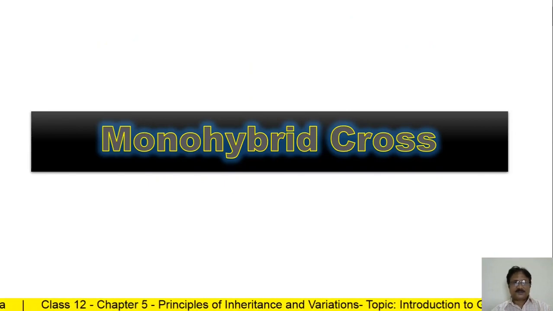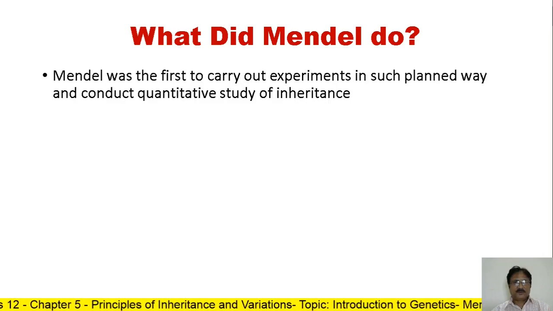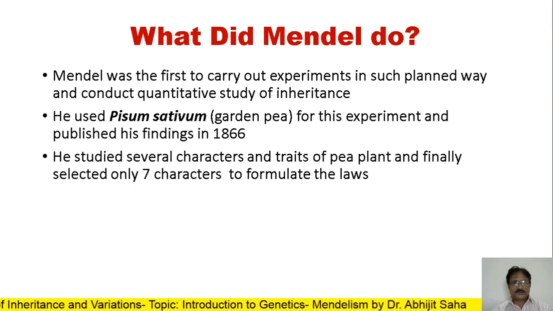Let's now discuss the monohybrid cross. What did Mendel do? Let us first try to understand this. Mendel was the first to carry out experiments in a planned way and also conduct a quantitative study of inheritance. He used Pisum sativum, the garden pea, for his experiments, and he published his findings in 1866.